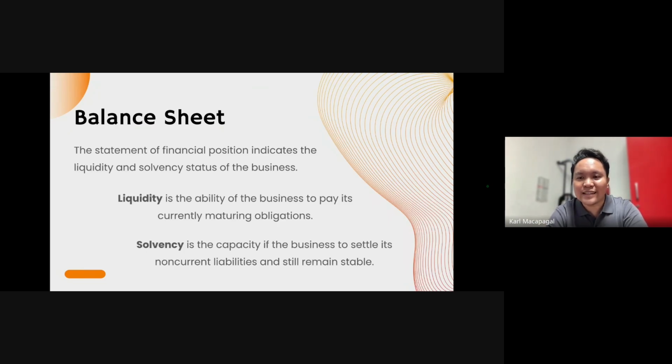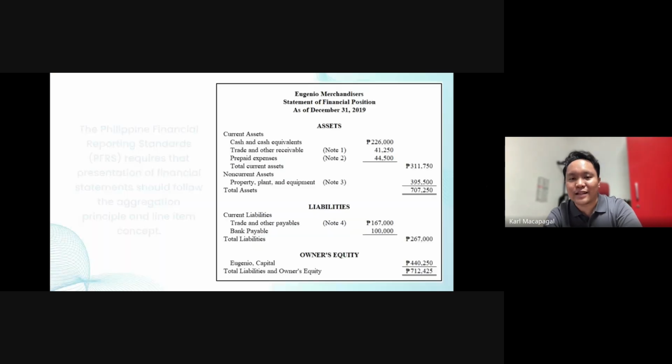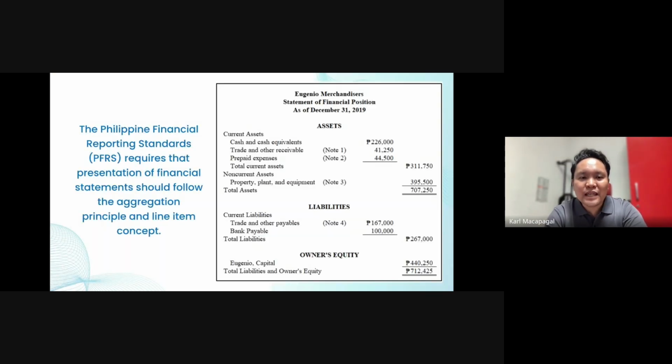Okay, so again, liquidity refers to payment of current liabilities, while solvency refers to payment of non-current liabilities. The Philippine Financial Reporting Standards, or PFRS, requires that the presentation of financial statements should follow the aggregation principle and line item concept.